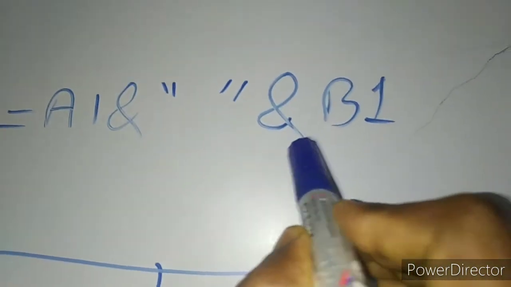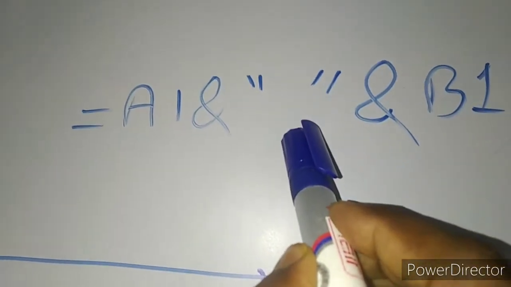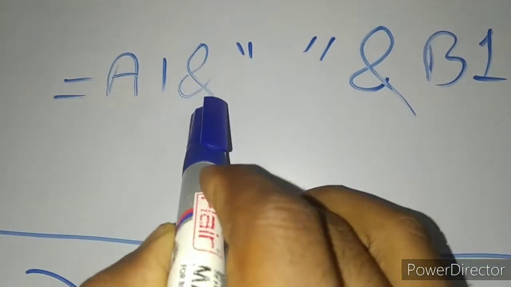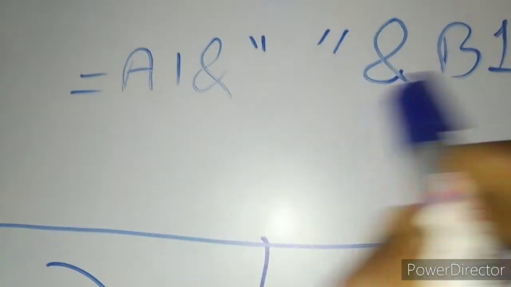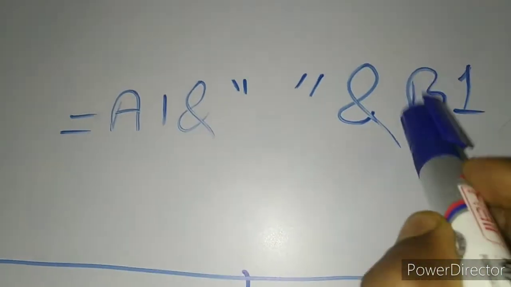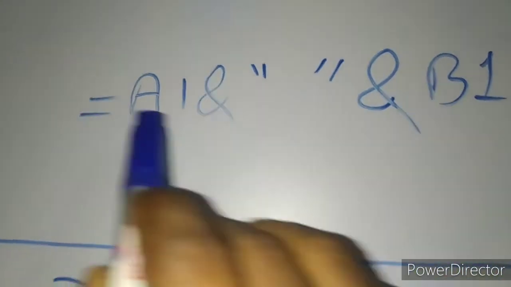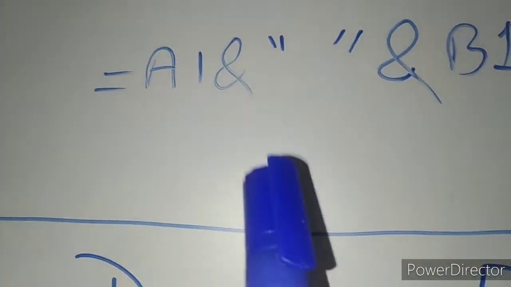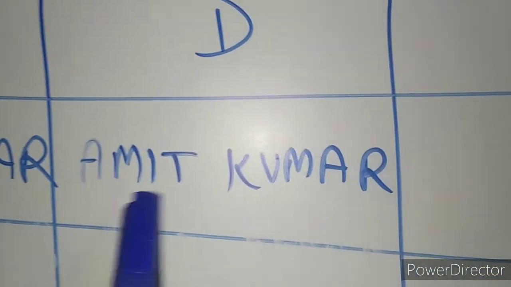It means to put the empty space between A1 and B1, we will use A1, then double quotes with an empty space, and B1. If we want to put the empty space between two words, we will use the formula in this form, right? And if we use the formula in this form in D1, then this will be our output.